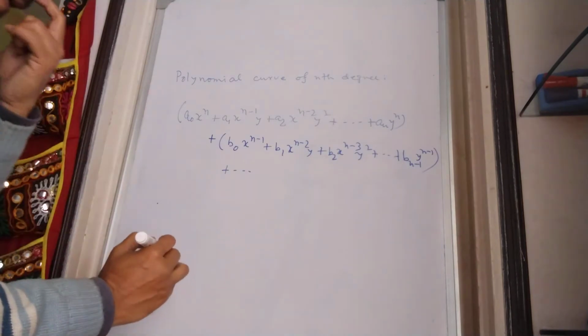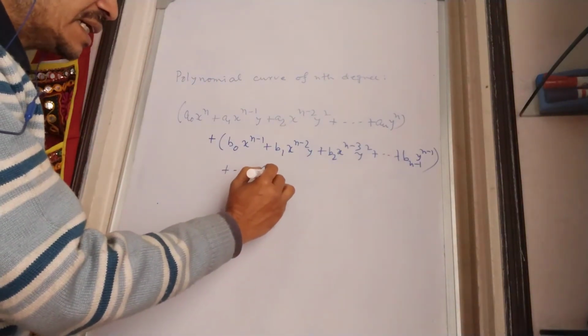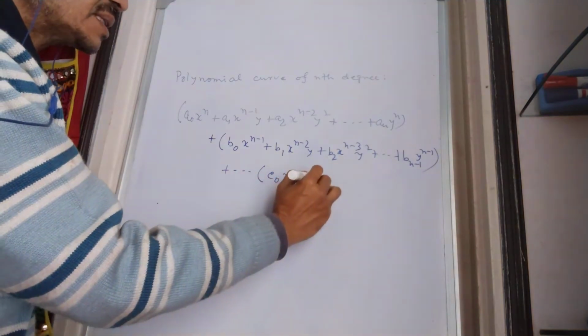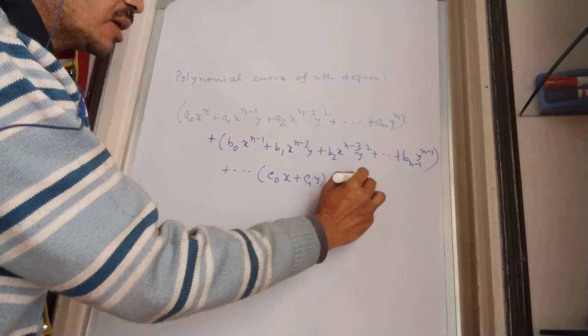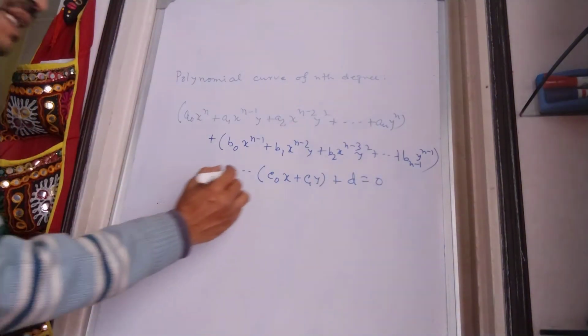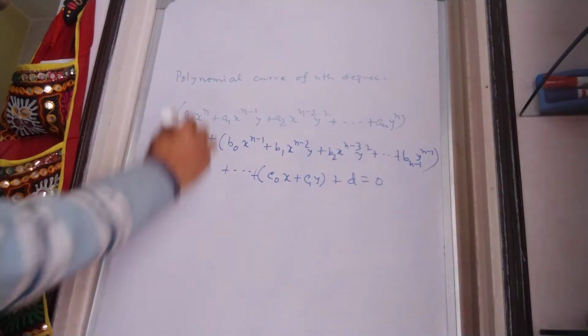And we have the linear term, let us write it as c0 x plus c1 y, and then the constant term d equal to 0.